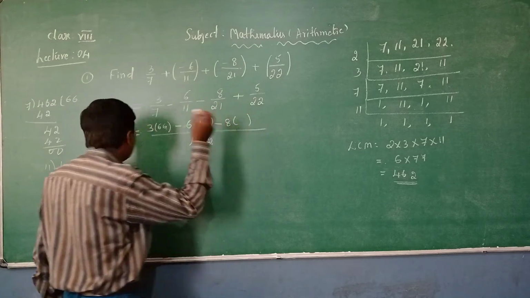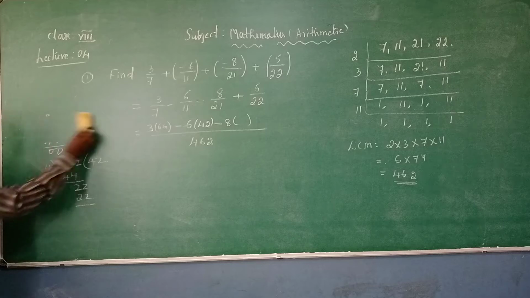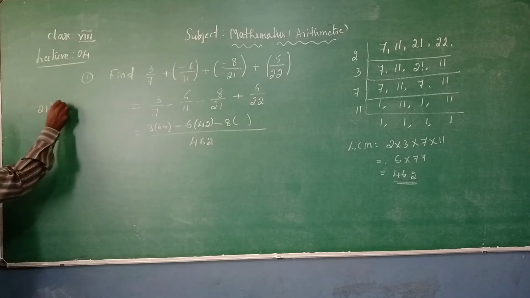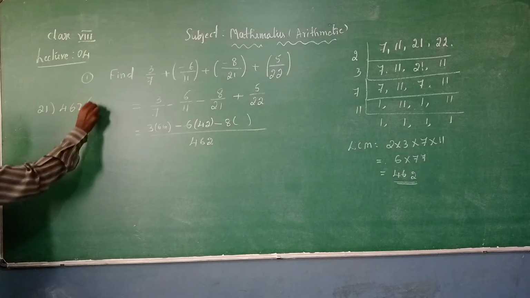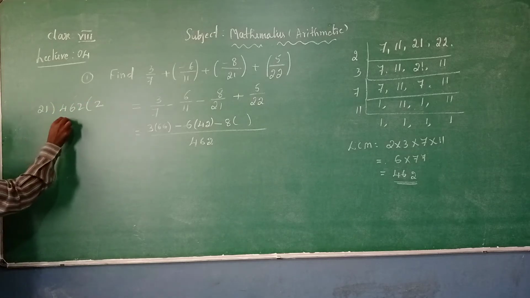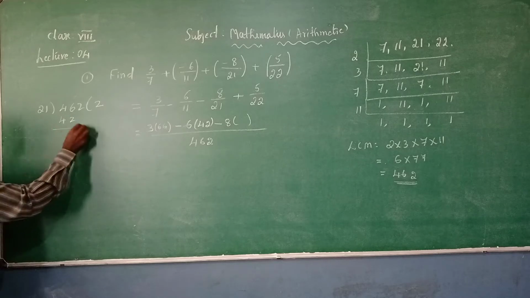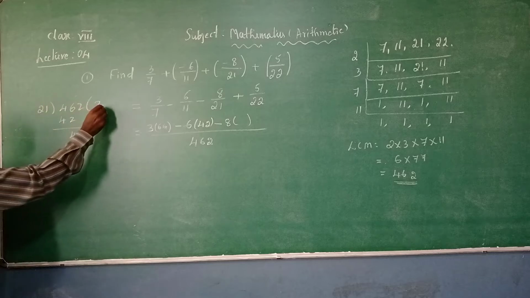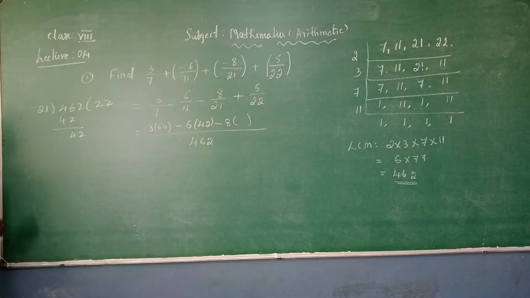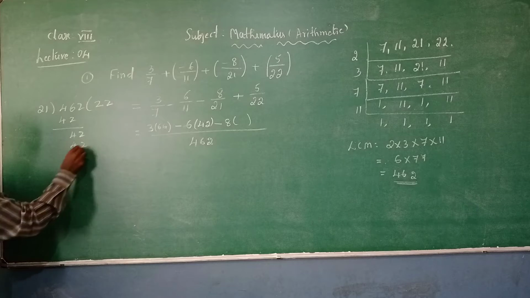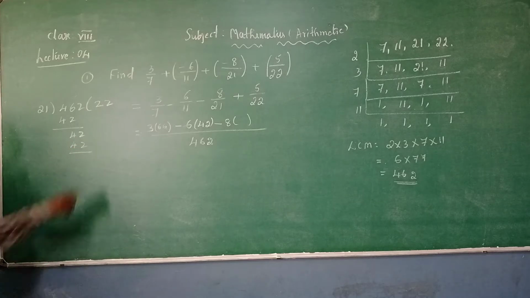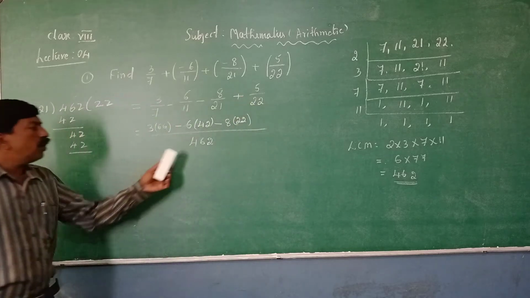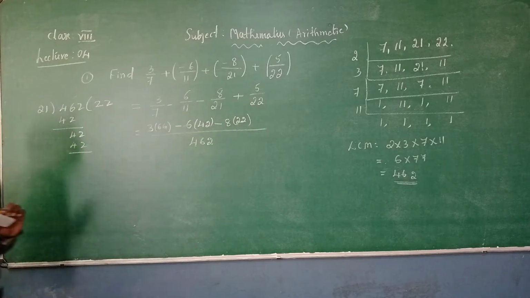Again, minus sign, 8 by 21. How many times does 21 divide 462? 21 twos are 42. Now 6 minus 2 is 4, 2. 21 again 2s are 42. 42 minus 42 is 0. Therefore, 21 divides 462 22 times.